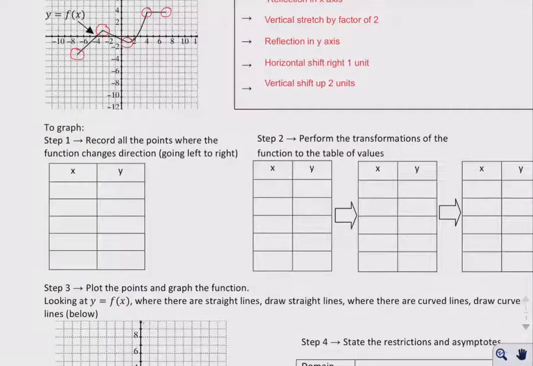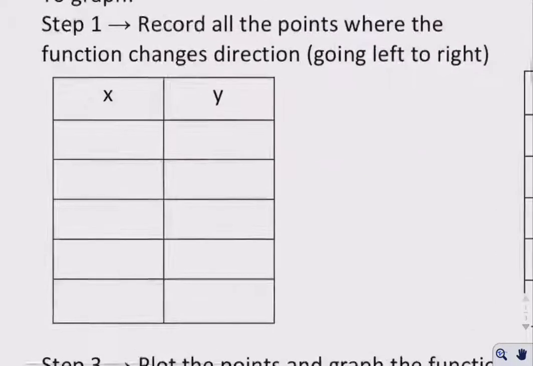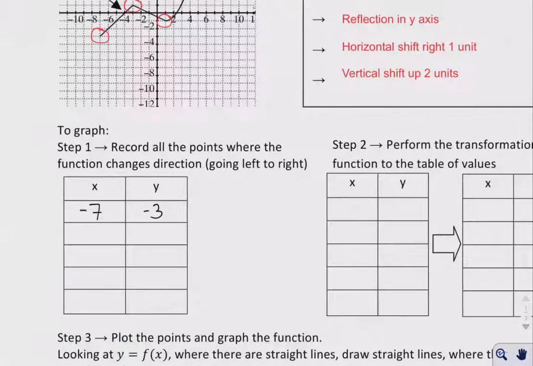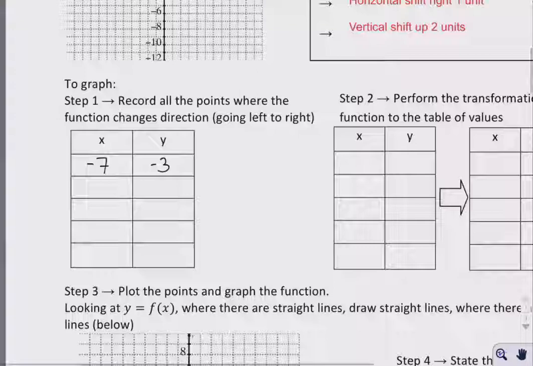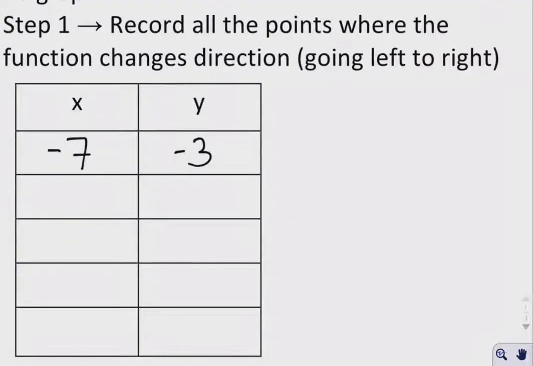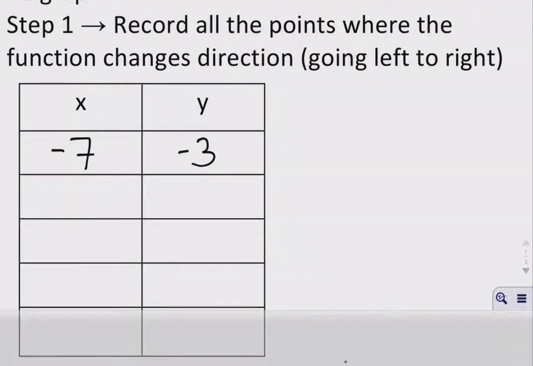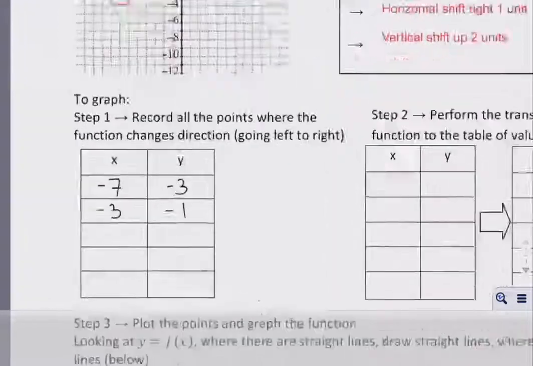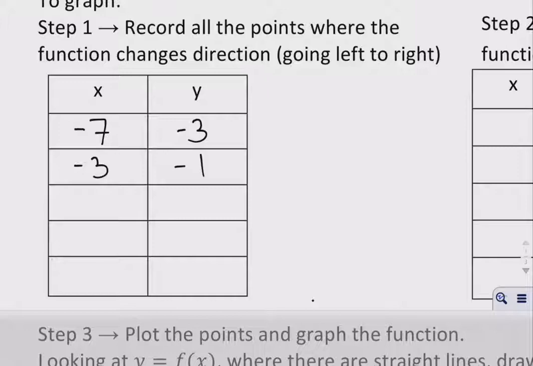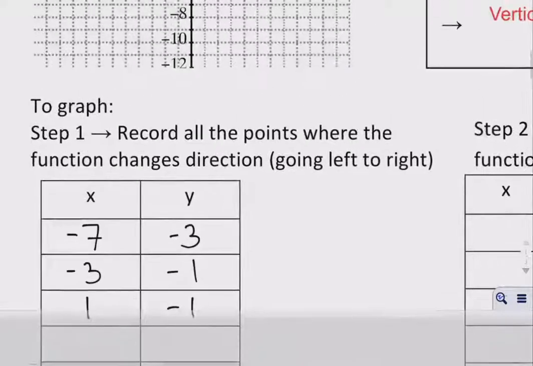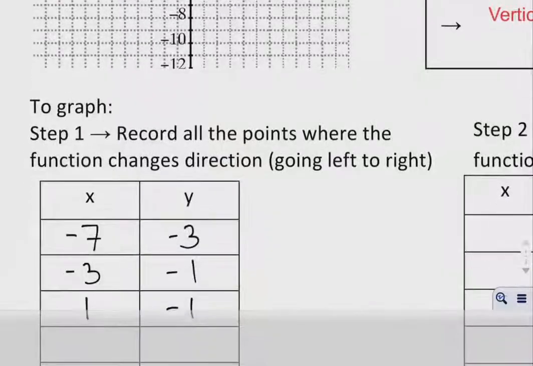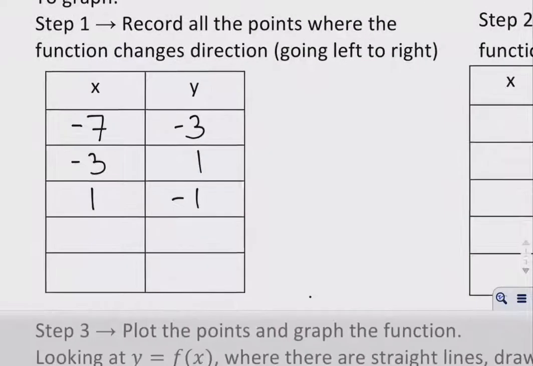So the first one is -7 and -3. So back 7 and down 3. My second circled point is -3 and 1. So back 3 and down 1. Then I get 1 and -1. So across 1, down 1. Oh, this is positive.